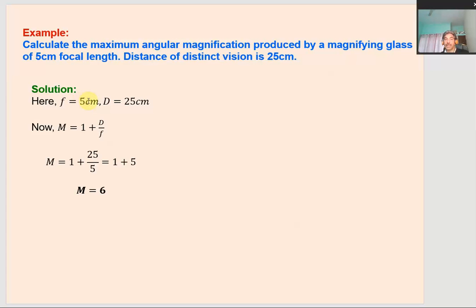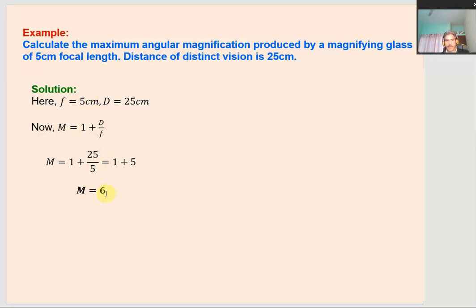We need not convert D and F into meters. However, we have to keep both either in centimeters or in meters, because magnification is just a number which gives how many times the image is enlarged compared to the object. So it becomes 1 plus 25 upon 5, which is 6 only.